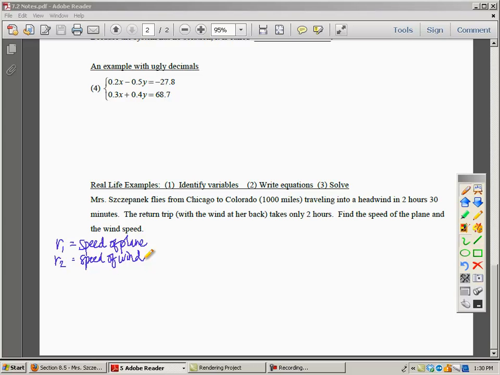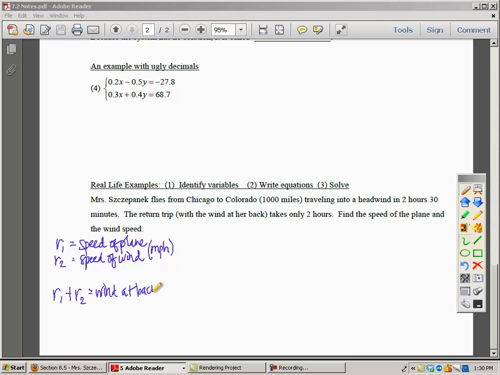So let's talk about how we can look at these. These are speeds. Think of speeds in terms of miles per hour, and that might help us go through. Okay, so here we go. If I want to go the faster speed, if the wind is at my back and it's pushing me faster, then we say R1 plus R2 with my wind at back.